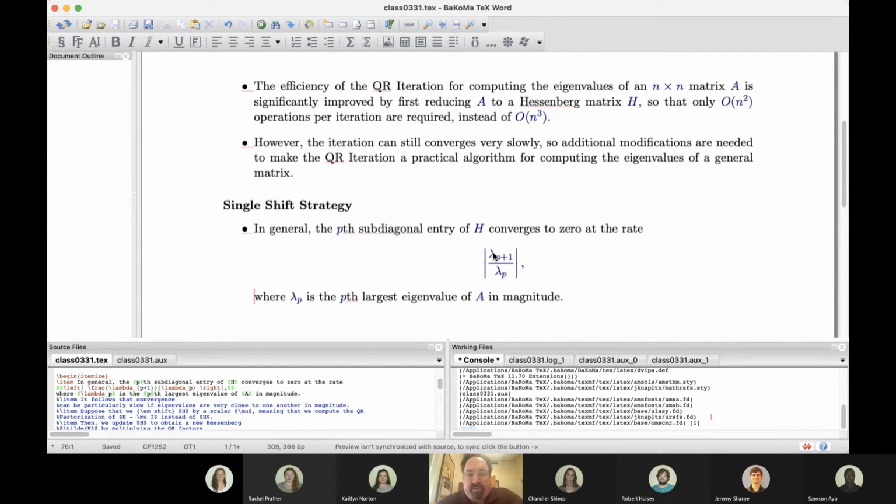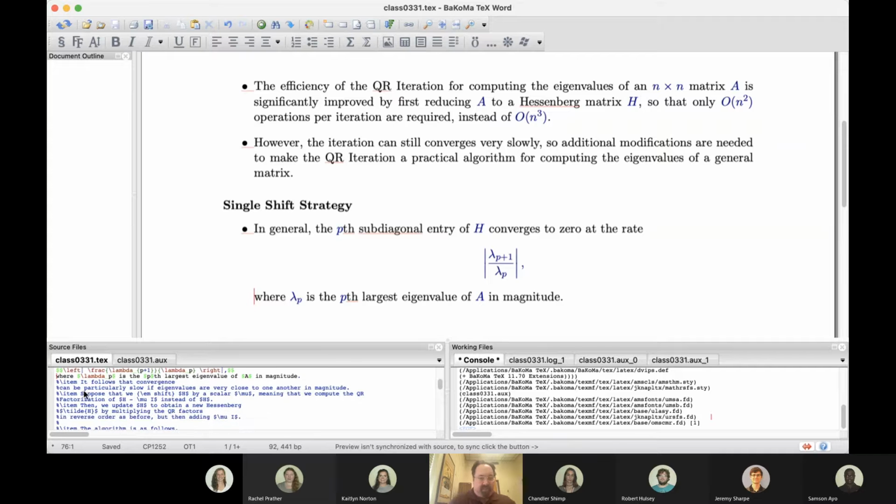If they're equal in magnitude but still different, like if they're opposite signs or they're complex conjugates, then they don't go to 0 at all, and so convergence might not occur.